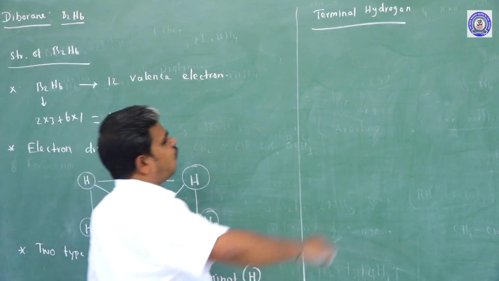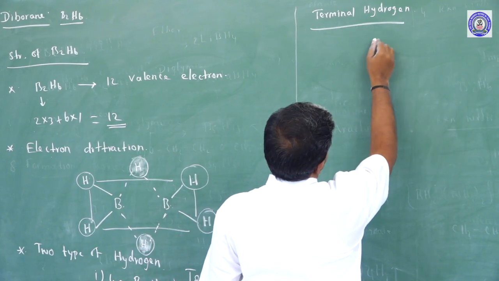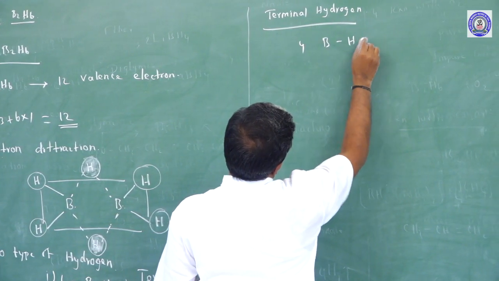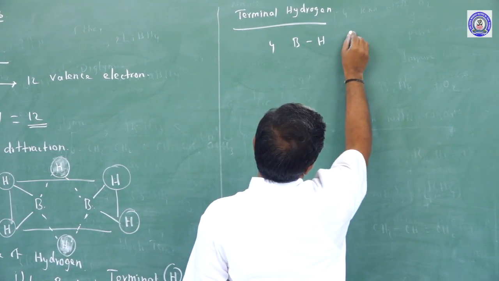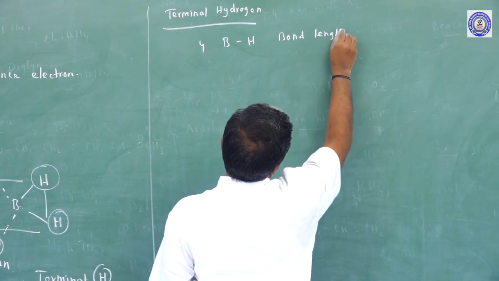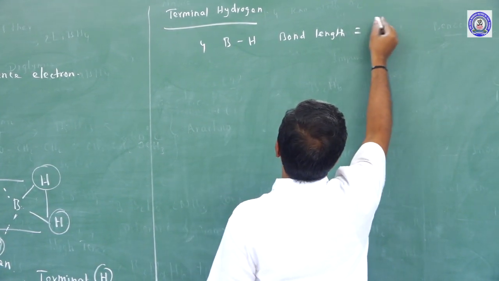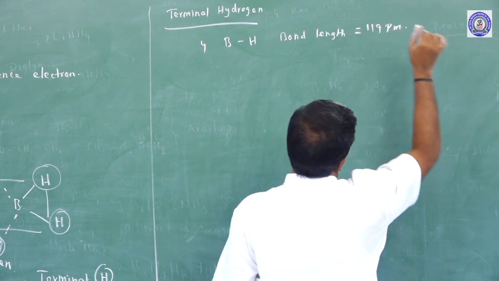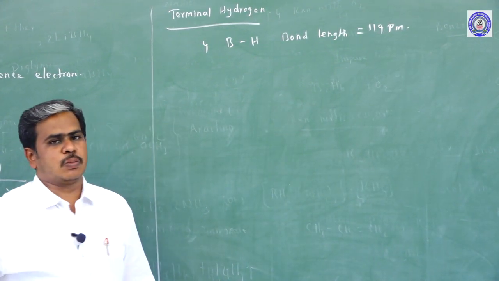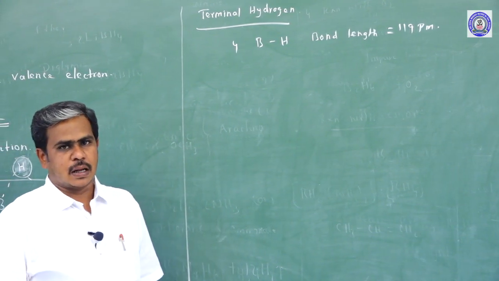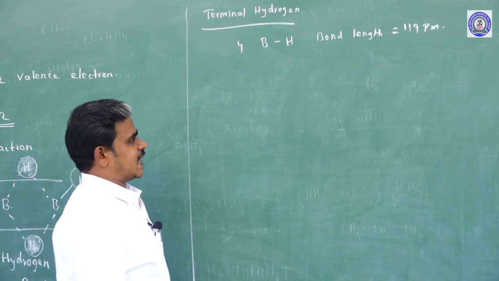These 4 terminal hydrogens have the same bond length. The 4 BH bonds have a bond length equal to 119 picometer. All those 4 BH bonds are the same.